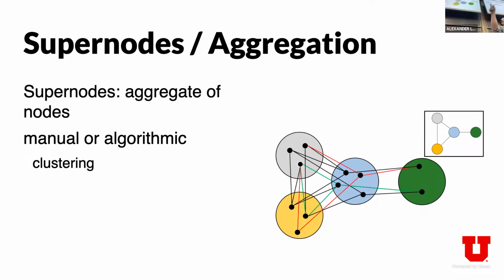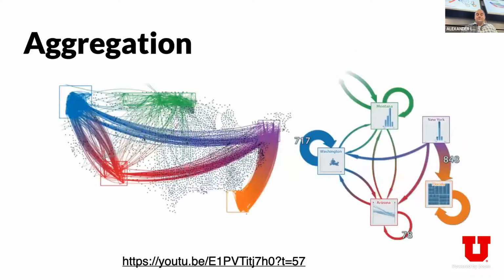Then we have two nodes, and all of the connections in one big connection between them, right? You can do this manually or by category, like I just explained, or you can also do clustering. So you can automatically group these nodes and then abstract them away into a structure of supernodes.